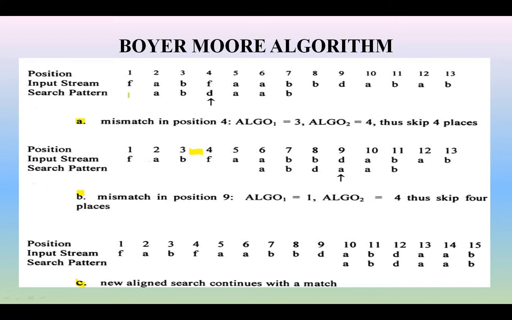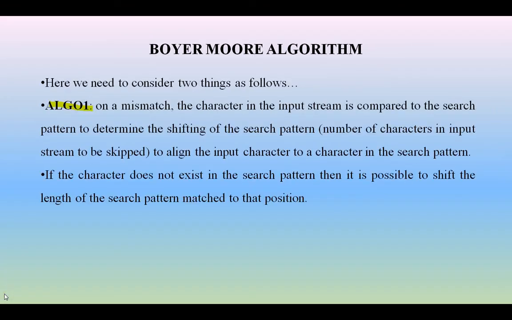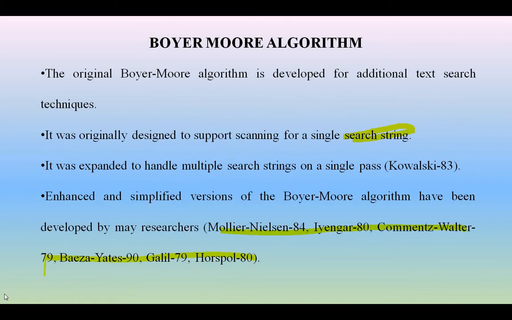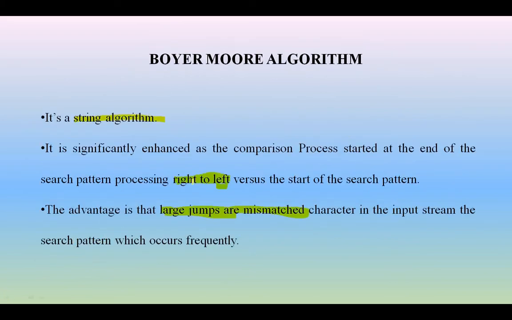See, the mismatch starts at a particular place, position 2. As we discussed in the previous slide, the search always starts from right to left. So where do we start this search?